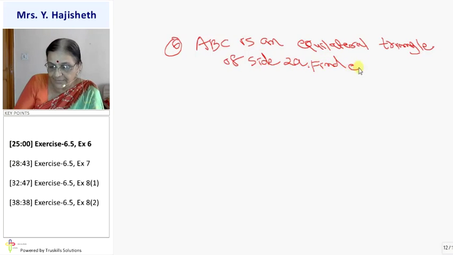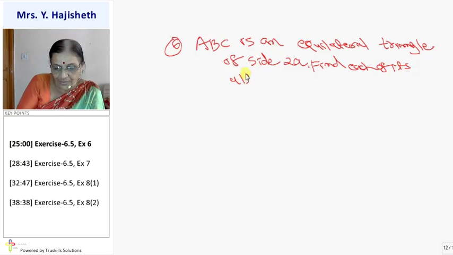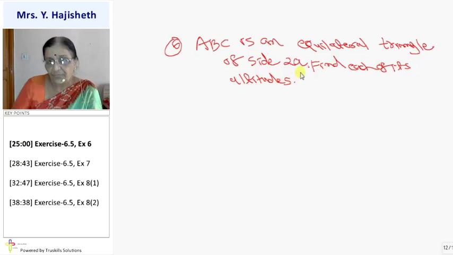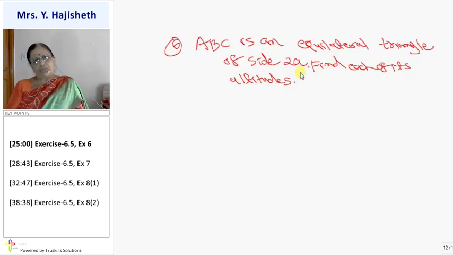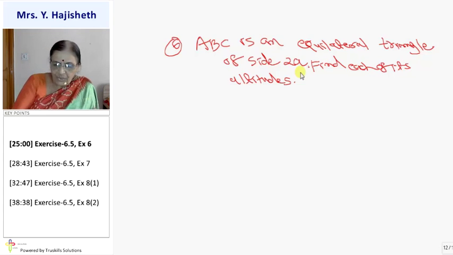Find each of its altitudes. You are asked to find the length of the altitudes. You know, in an equilateral triangle all altitudes are of equal length. If you find one length, all three will come the same. Okay. So let us first make the triangle. Okay.